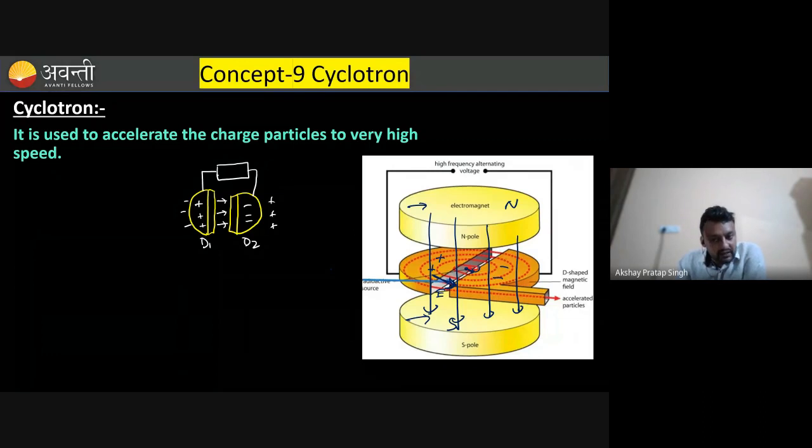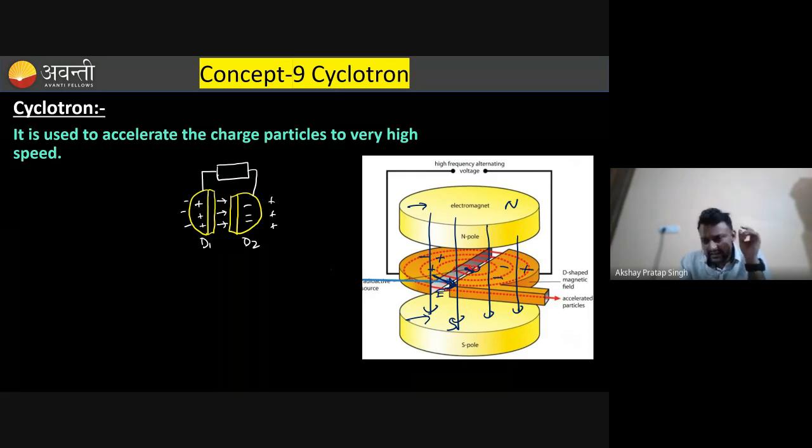And after completing the semicircle, it comes out of the D, and suddenly it finds that the polarity of the Ds has changed. Now the first D becomes positive and the second D becomes negative.